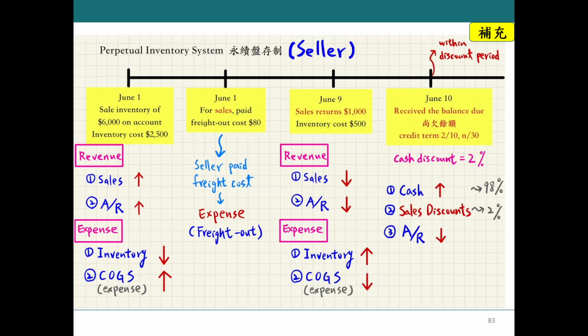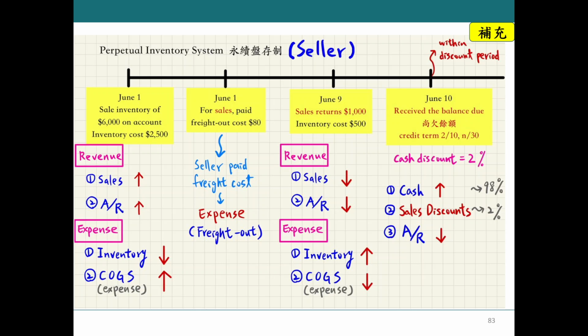Okay. After this, what's next? Don't forget freight cost, right? Who pays the freight cost? If you are the seller, you pay the freight cost. So it's FOB destination 目的地交货, okay? When you pay the freight cost, that's your expense, right?